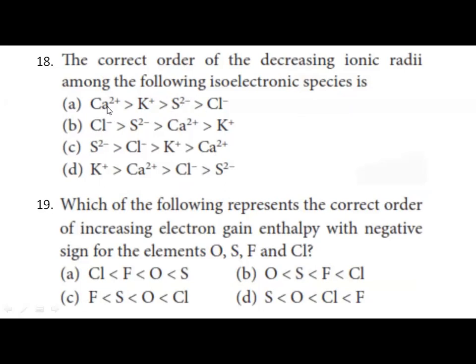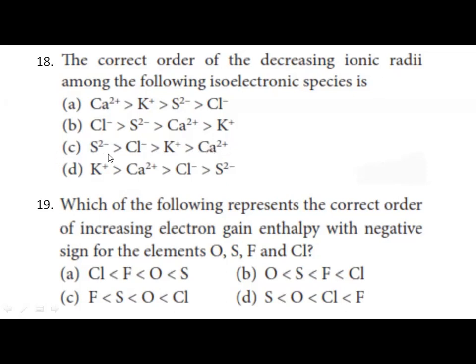So which anion is having greater charge? S minus 2 is greater than Cl minus. Then positive charge with less charge, K plus and Ca plus 2. So this will have the correct order, decreasing order of ionic radii. So this will have biggest ionic radius and this will have smallest ionic radius.